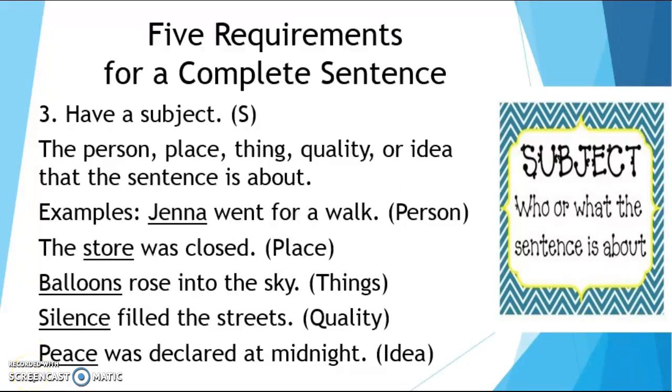Peace is something that can happen in a war situation or other times of the year. Someone might all of a sudden be feeling peace within themselves. So that's an idea that happens. So those are our different types of subjects and how they look. And we're going to want to make sure that we always have a subject in our sentence. Otherwise, it would not be a complete sentence.